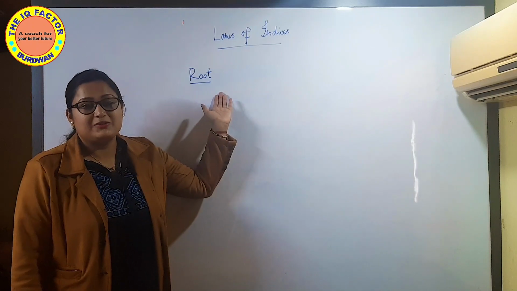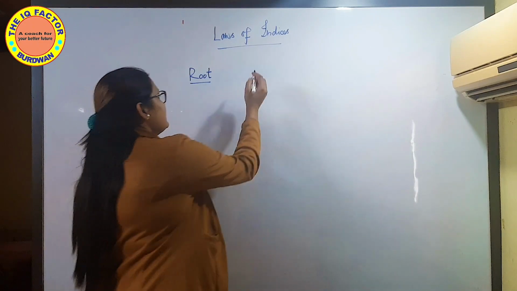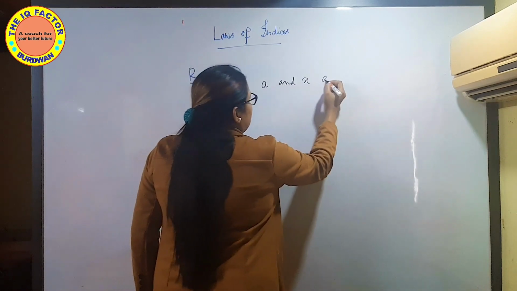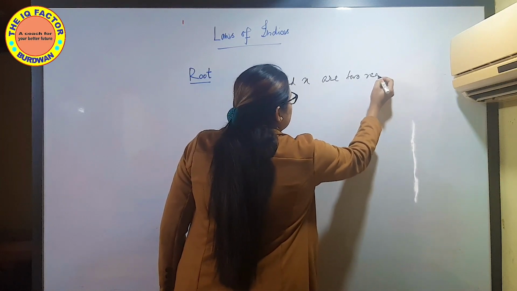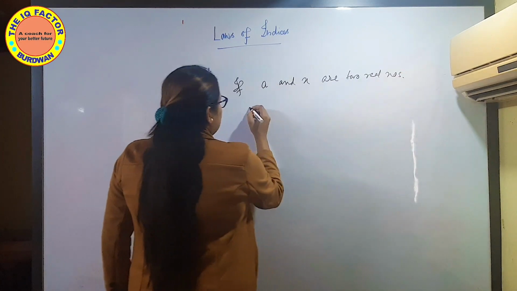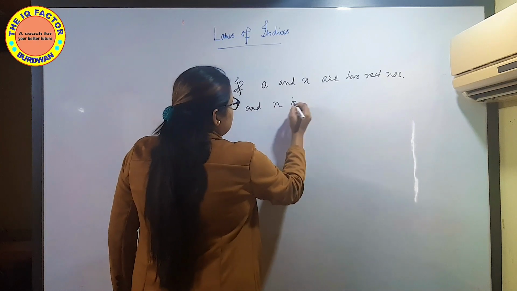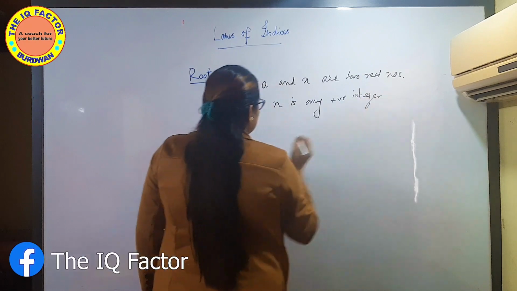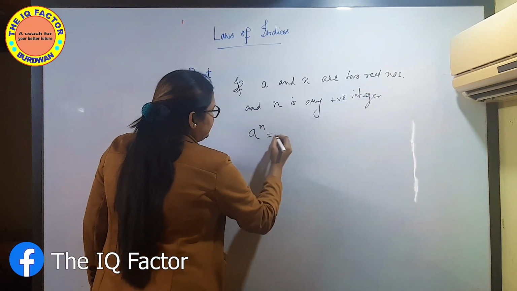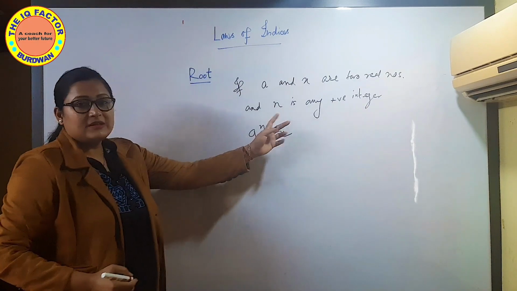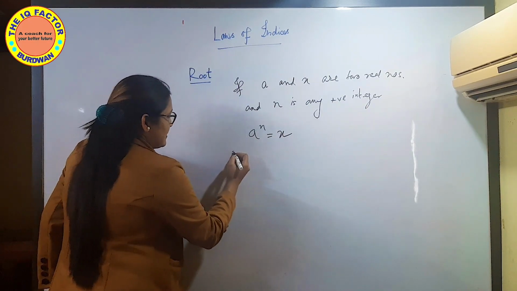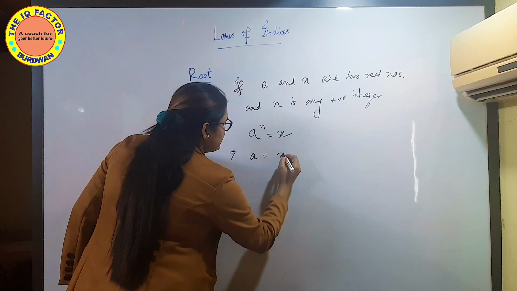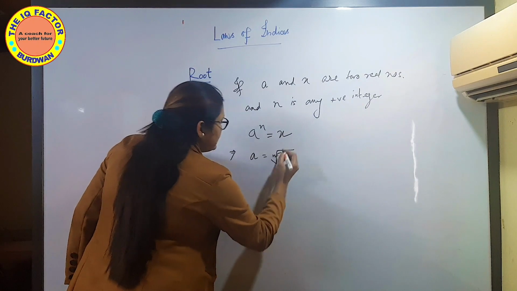Now, we will introduce root. What is that? If A and x are two real numbers and n is any positive integer, and A to the power n is equal to x, we can write A is equal to nth root of x.